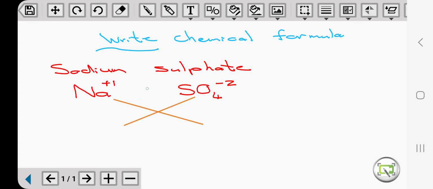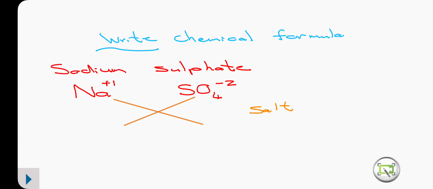Because it is two ions combining, one positive and one negative, we are forming an ionic compound or a salt. Right. Starting off with the positive one, we write down the formula without the valency. Then next to it, we write down the negative one without the valency.